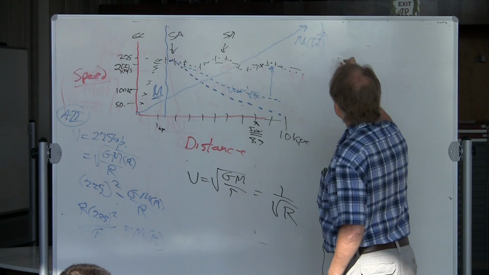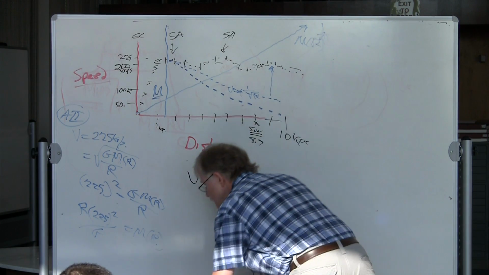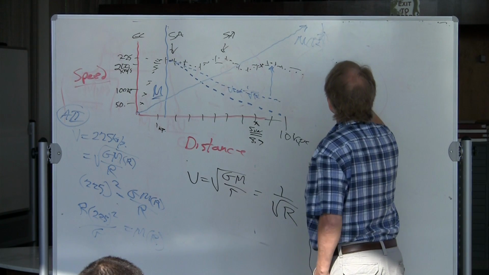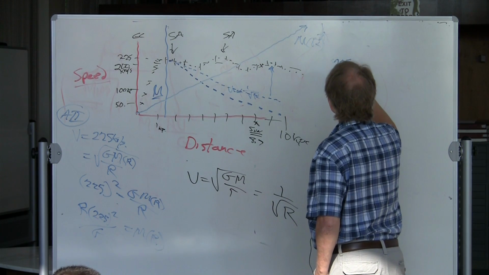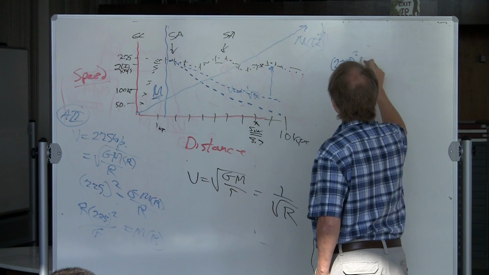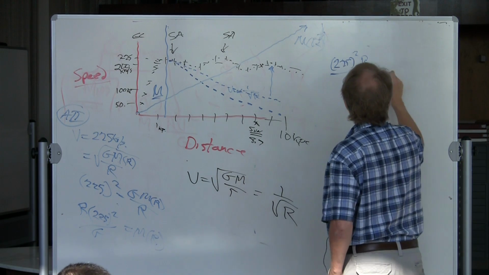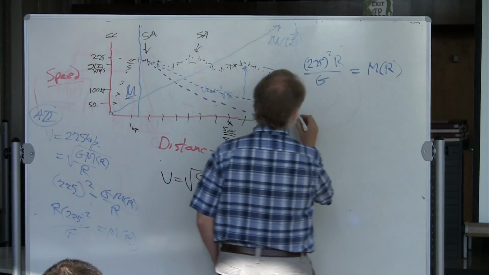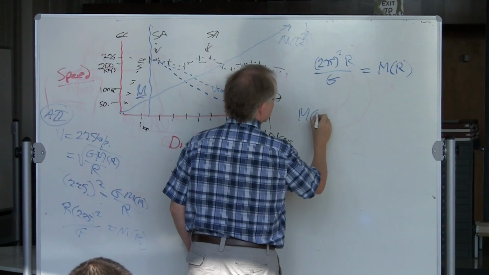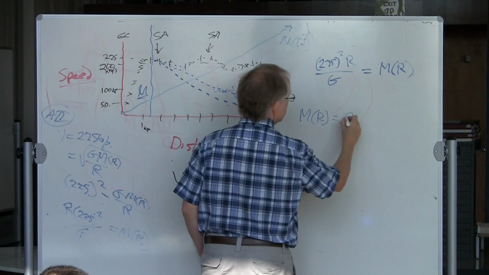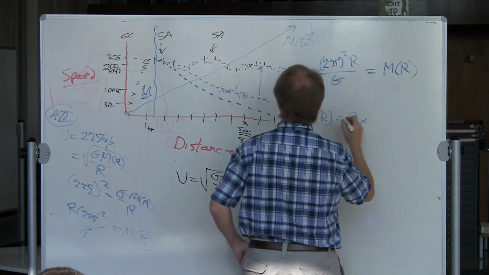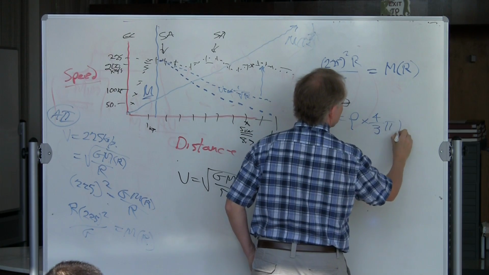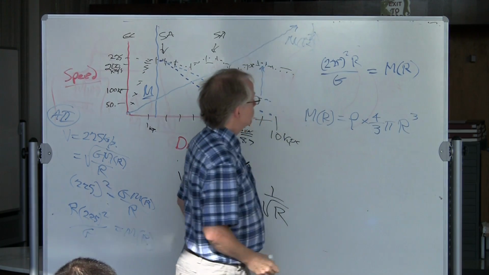Well, we have 225 squared times r over G equals M of r. But we can write M of r equals density times, and let's make it a spherical cloud, 4/3 pi r cubed.